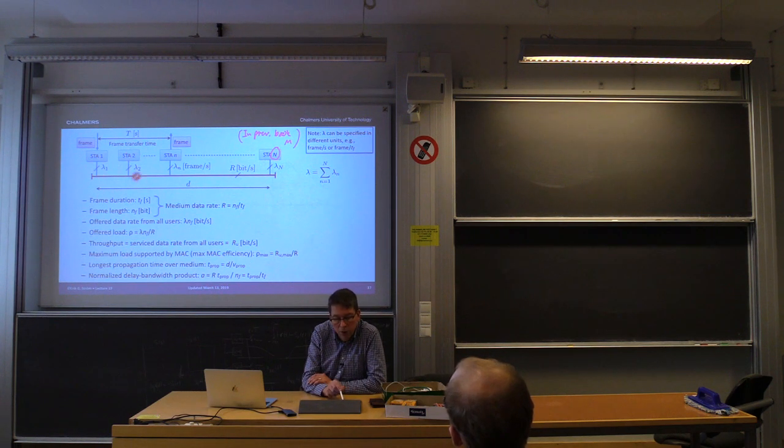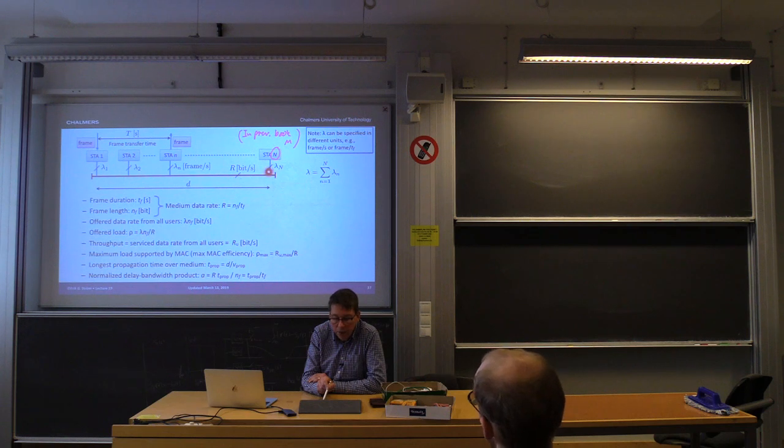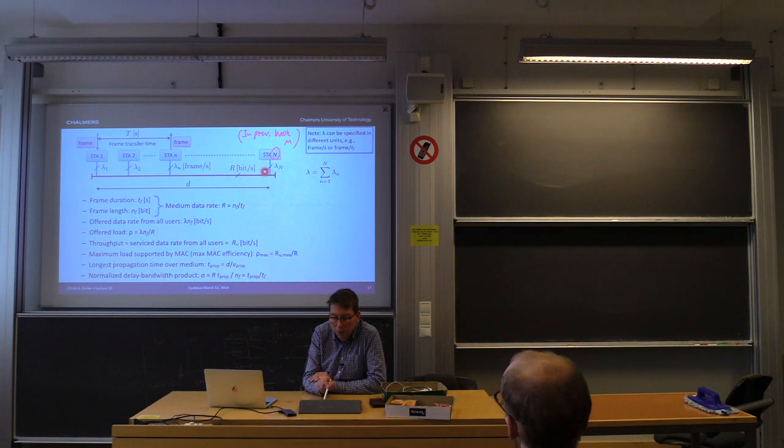All of them are producing a number of frames per second that should go over this shared medium. The total number of frames per second is indicated by this lambda, which is the sum of the lambdas.